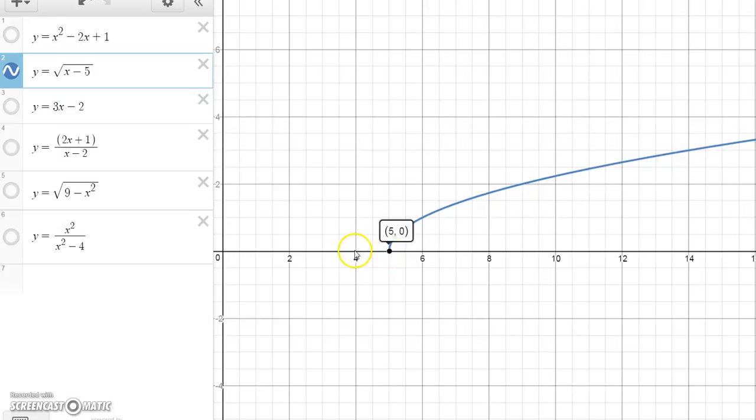You just can't plug in any numbers over here. Notice there's no corresponding y values for 4 or any number less than 5. There's no corresponding y value. So the domain for this would be all x values greater than or equal to 5. And of course, you know how to put that in interval notation if you need to.